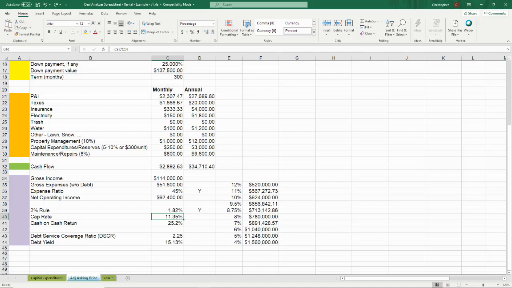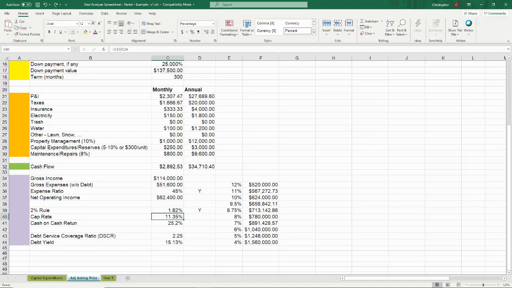The cap rate is simply the ratio of the net operating income to the purchase price or value of the property. So I'll say it again. The net operating income in comparison to the purchase price or value of the property. So as we look at the formula here in the spreadsheet for cap rate, how do we get to the 11.35%? So I said before, the net operating income is greatly used when it comes to some of these other key indicators and also when it comes to valuing the real estate asset.